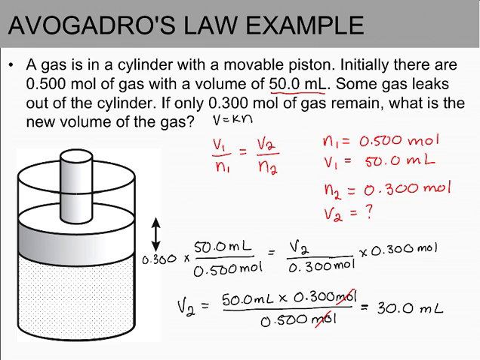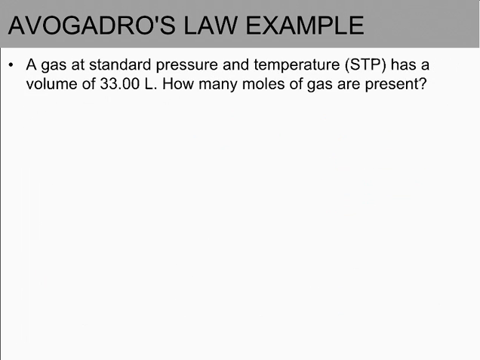All right. Now let's do another practice problem. This time, we're going to use our molar volume of the gas at standard temperature and pressure. So a gas at standard pressure and temperature, STP, has a volume of 33 liters. How many moles of gas are present?